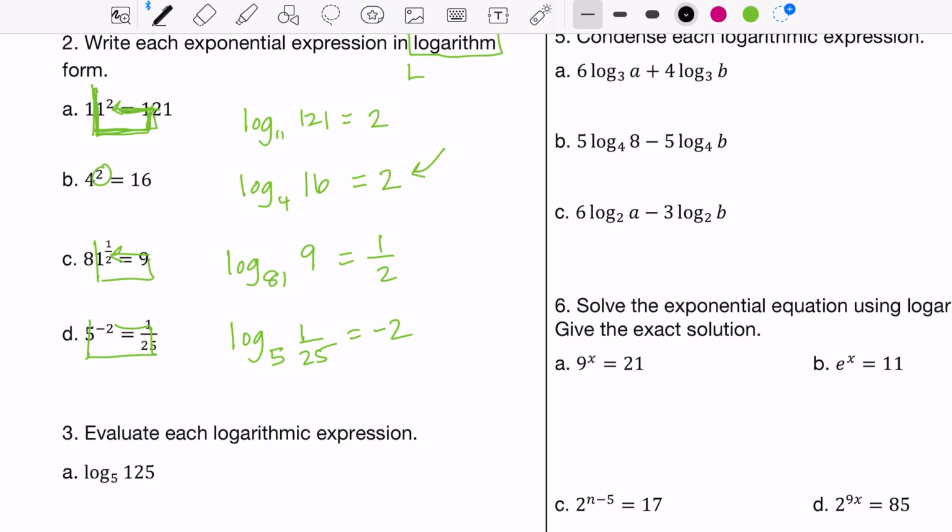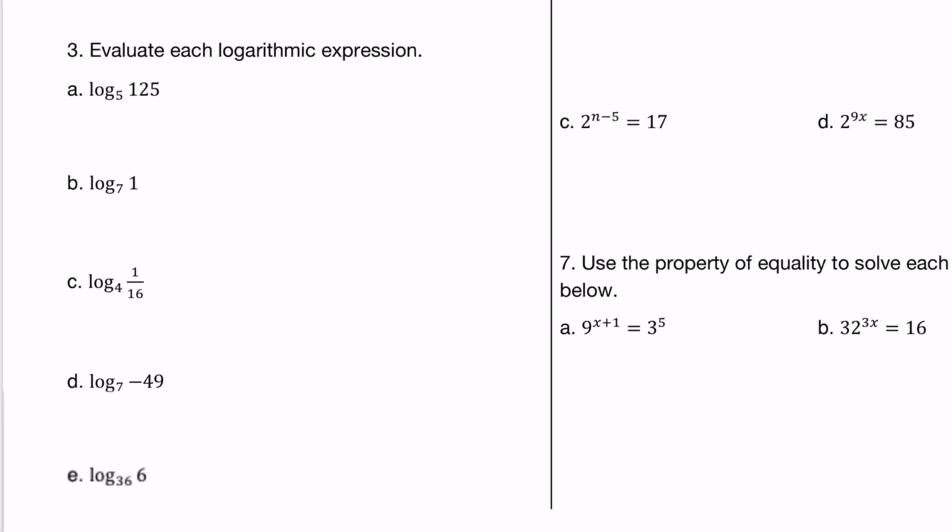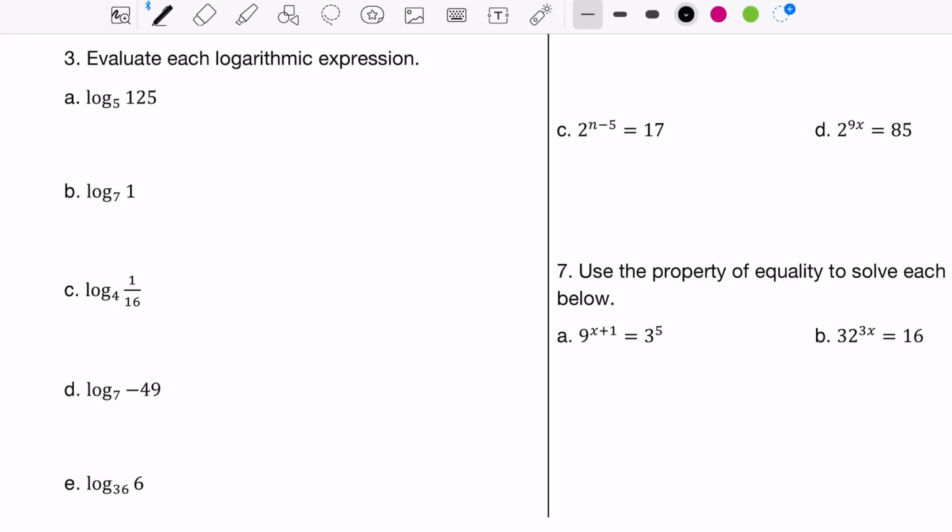Okay, moving right along, now we're asked to evaluate, which means give a value for what we're doing here. Whenever we evaluate, we set these equal to x. And then we just translate them to exponential.